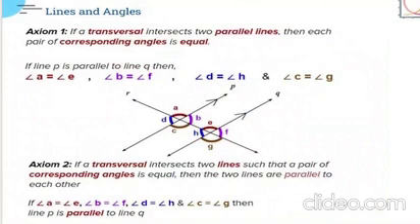So axiom 1 states that if a transversal is intersecting two parallel lines, then each pair of corresponding angles is equal.